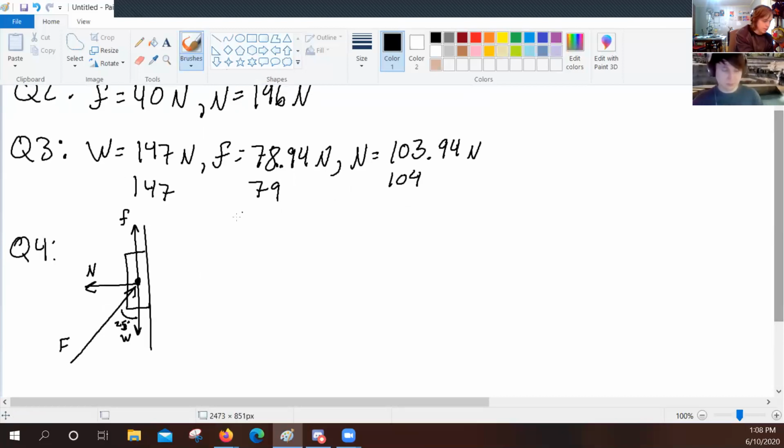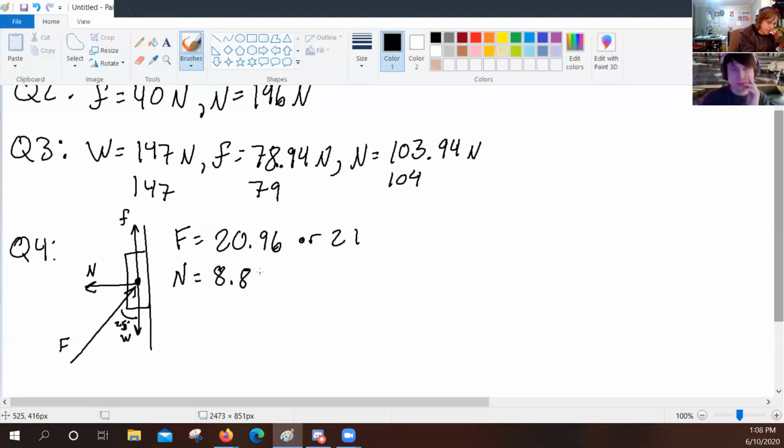So if you have questions on this, let me know, but otherwise I'm just going to put the answers. So basically, F is 20.96, or 21 is fine. Normal force is 8.86, or 9 is fine for this.